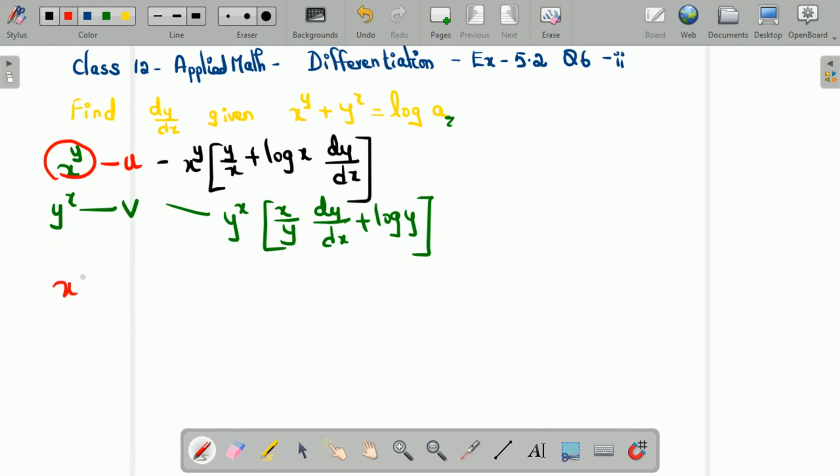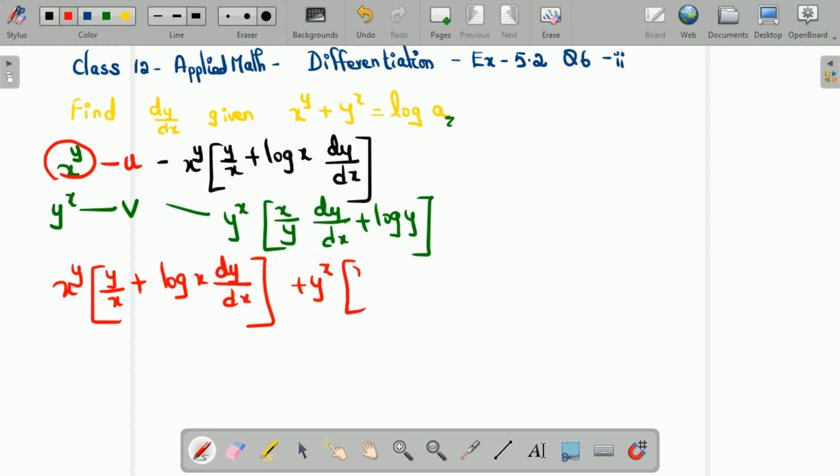So this is x^y (y/x + log x dy/dx) + y^x (x/y dy/dx + log y) is equal to, on the right side, differentiation is 0. So I am marking it as 0.